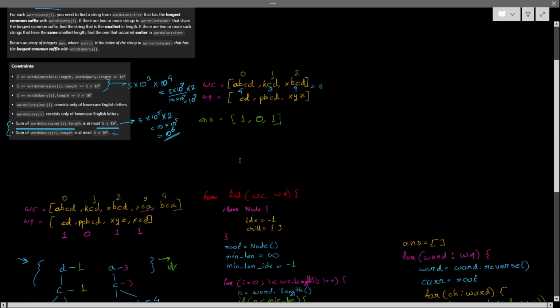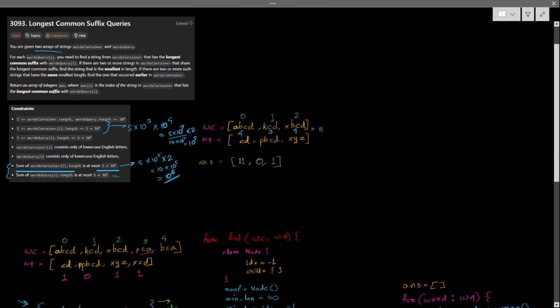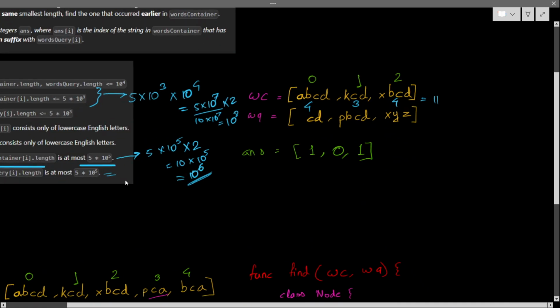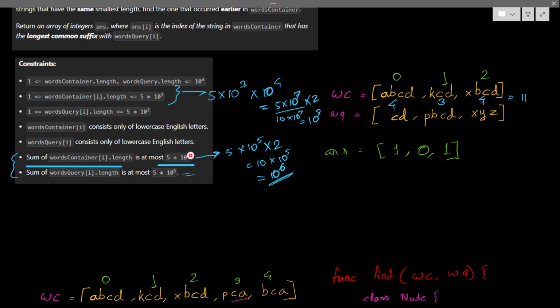At most, as mentioned in the given question, it will be 500 into the power 5. So at most I am iterating every character from the given array. The time complexity is at most 500 into the power 5 as I am iterating each and every case.